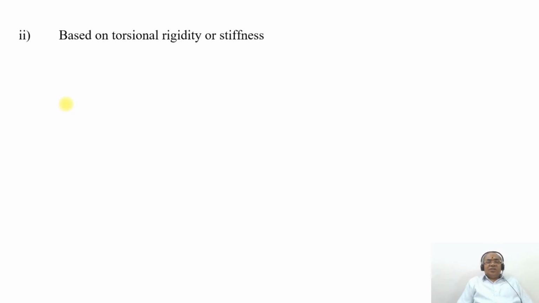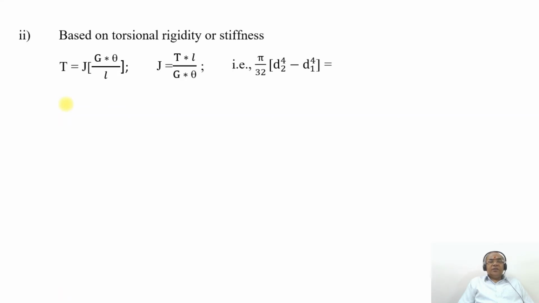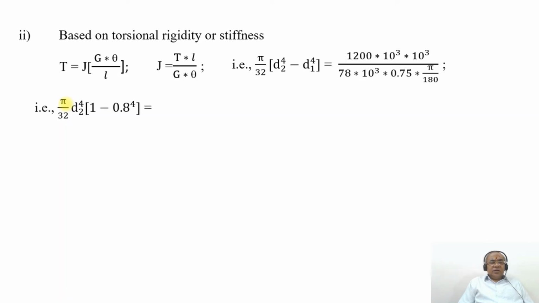Based on the torsional rigidity, T will be equal to J into G into theta by L, where J is equal to T into L by G into theta. So J will be equal to pi by 32 into D2 to the power of 4 minus D1 to the power of 4, which will be equal to 1200 into 10 to the power of 3 into 10 to the power of 3, divided by 78 into 10 to the power of 3 into 0.75 into pi by 180.